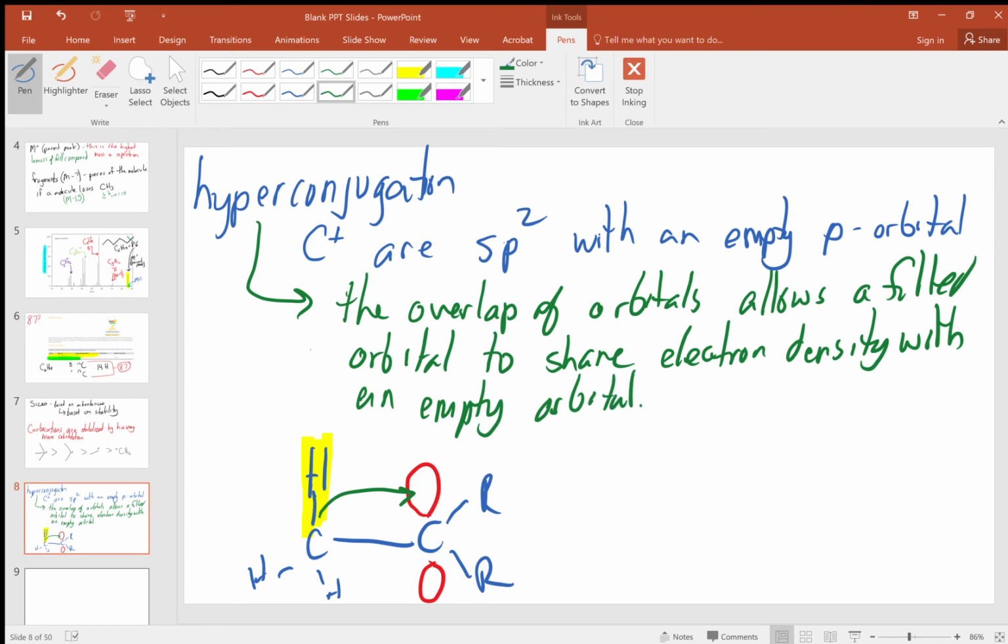And so, as should make sense logically, the more of these carbons you have that are adjacent to your carbocation, the more bonds you have that can donate electron density, and the better it helps to stabilize the carbocation.